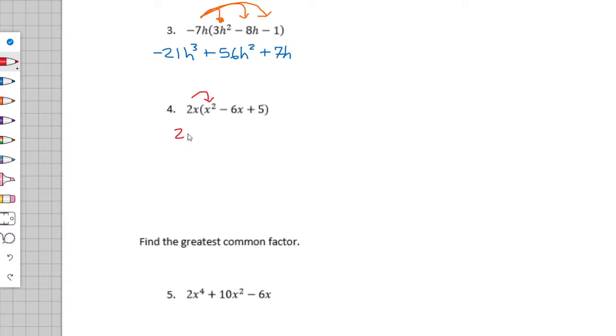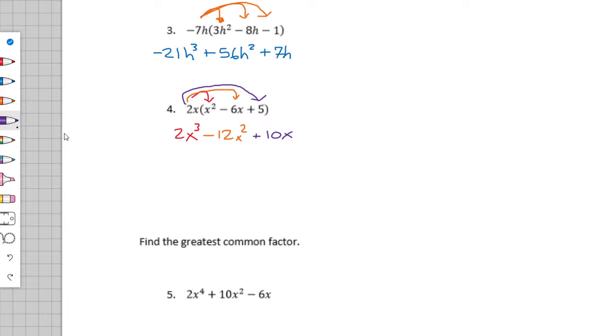So it's going to be 2x cubed. 2x times negative 6x, I'm sorry. So 2 times negative 6 is going to be negative 12x squared. And then the last one, 2x times 5 is going to be positive 10x. So that would be your answer.